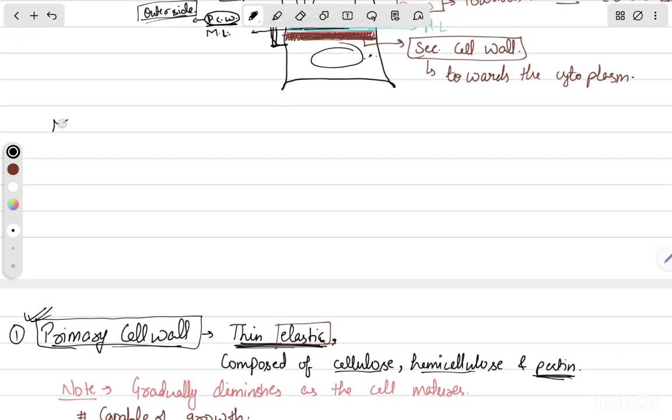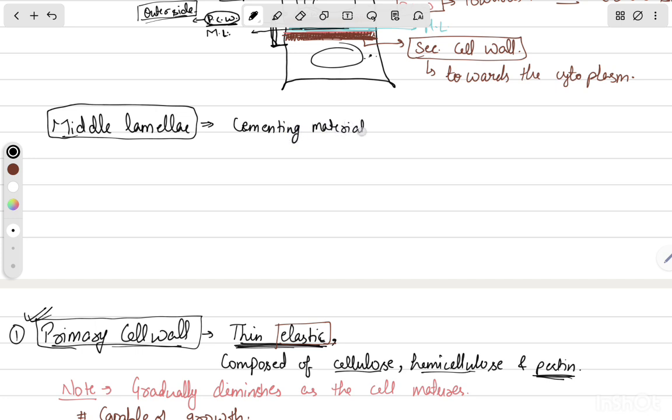So, function of middle lamella: middle lamella is cementing material between two neighboring cells, right?